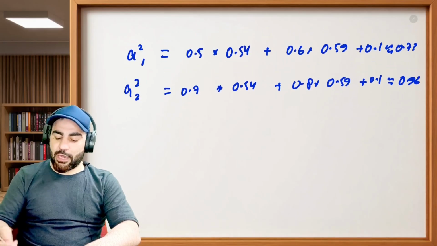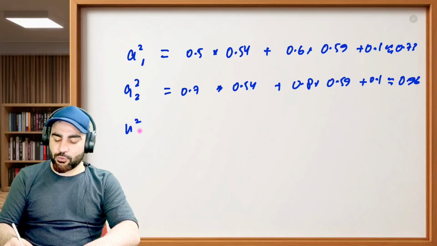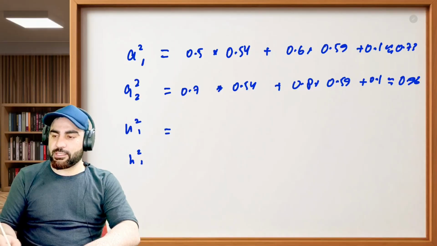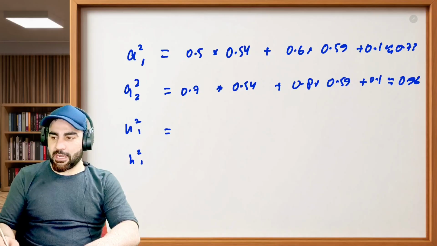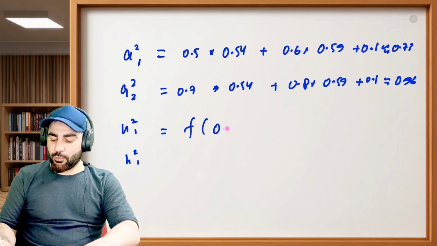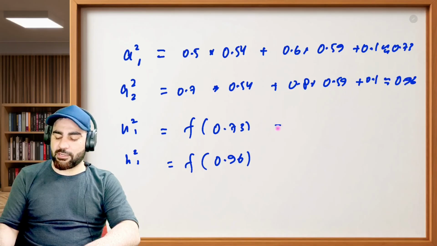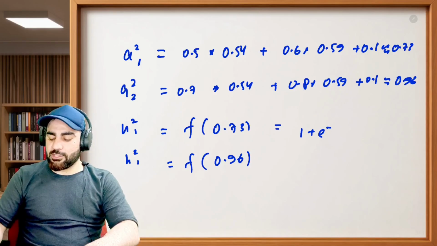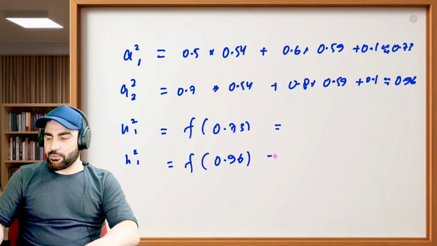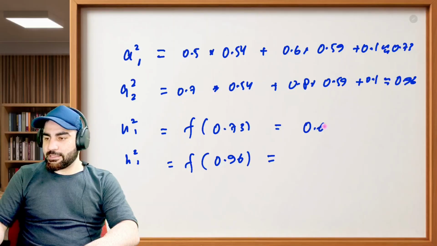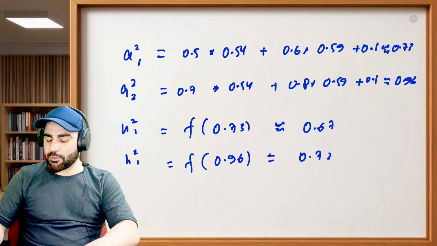Then you have to apply activations on this. This is H21 and H22. So these two things come out after applying the activation. This is the activation of 0.73 and this is the activation of 0.96. You have to apply sigmoid activation. Sigmoid is 1 over 1 plus e to the power minus of this value. So these values can be directly written now. The values that we get over here are 0.67 and 0.72. These are all approximate values.